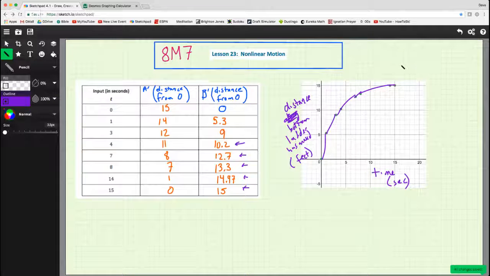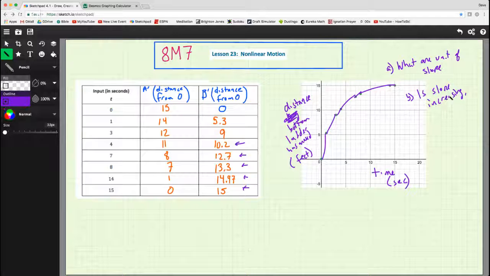What are the units of slope? B, is slope increasing, constant, or decreasing?